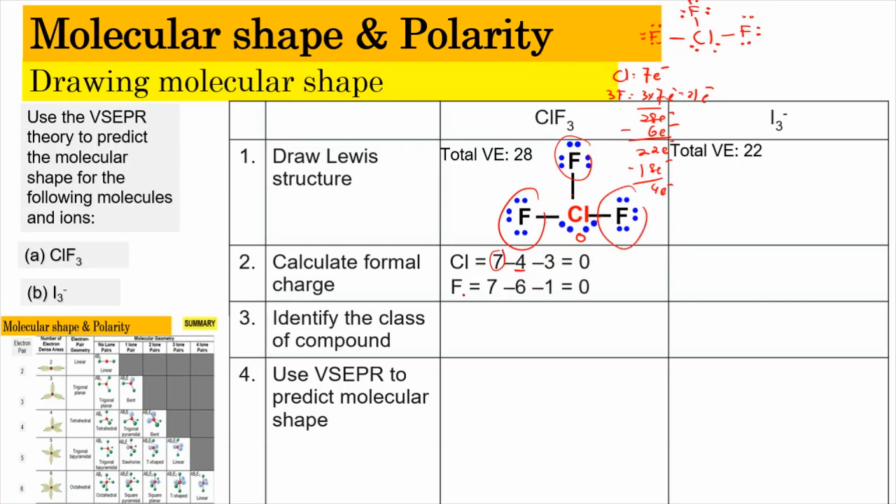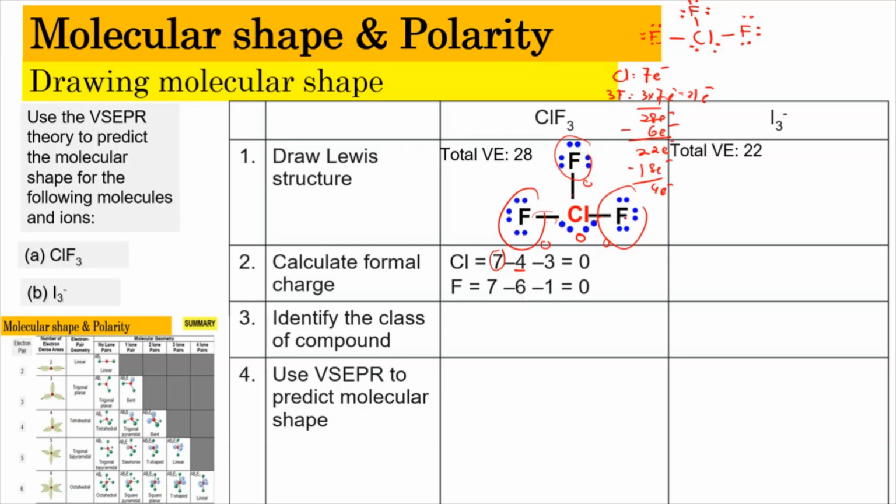So you just calculate it one time. 7 valence electrons minus 1, 2, 3, 4, 5, 6 minus 1 bonding pair. So it's equal to 0 as well. So you know that the charge is consistent and it is stable. So in this case, it may not be the best VSEPR structure.